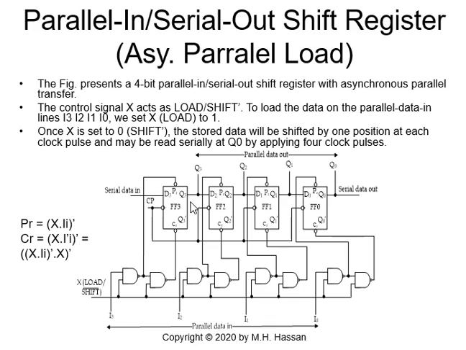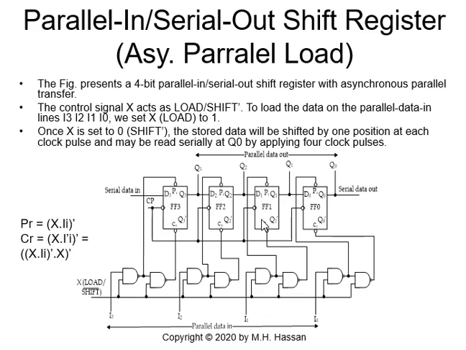When X is 0, it will allow you to shift the data. If this is 0, and the clear, where this came from? This came from the previous lecture, the 2 NAND gates for the preset and the clear. So you need a 0 to set a 1, and you need a 0 to set a 0. But if both are 1, and both will become 1 when X is 0, the register will act like a shift register.